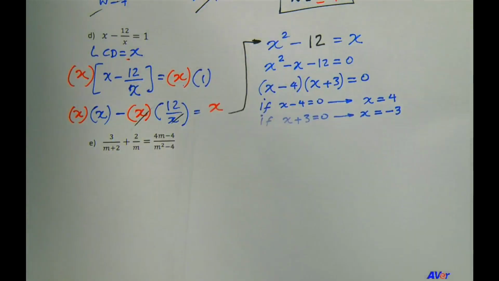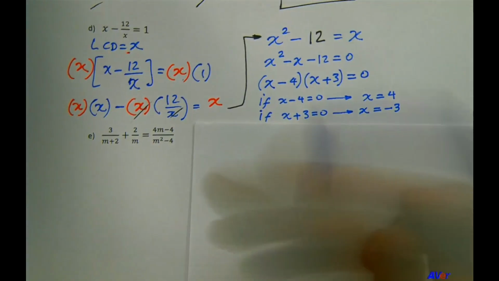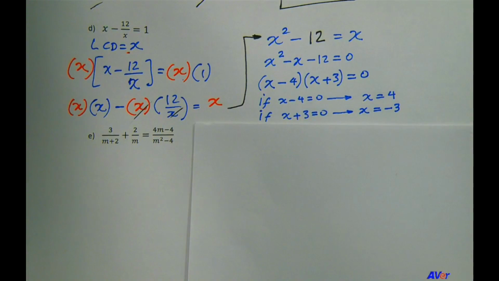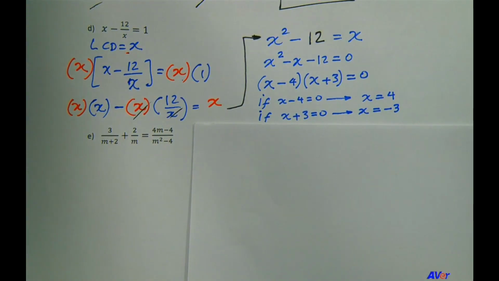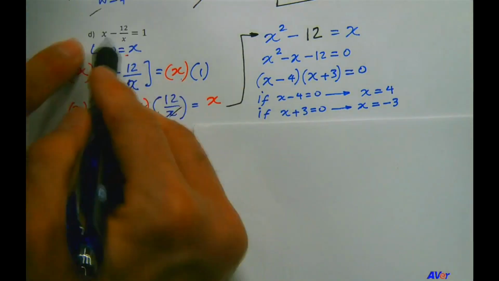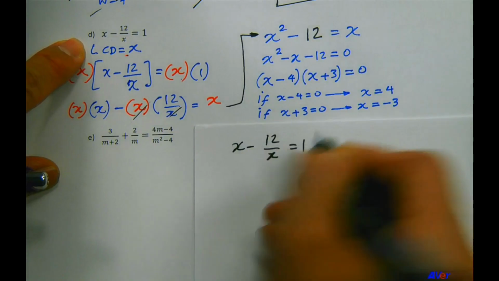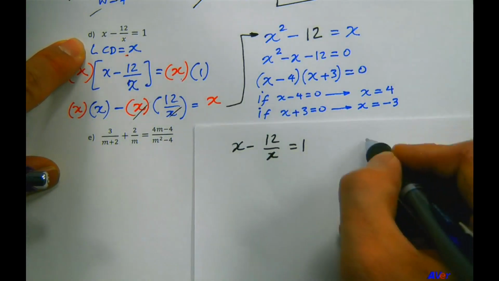Let's do it on my scratch paper. And I'm hoping you've done this at home already. So you know which one checks out, which one doesn't. Or both of them might be acceptable. We don't know. I mean, I don't know at this point. I have to check.